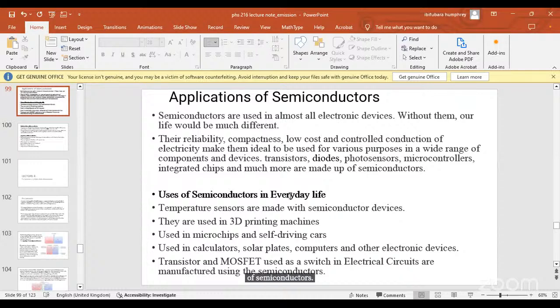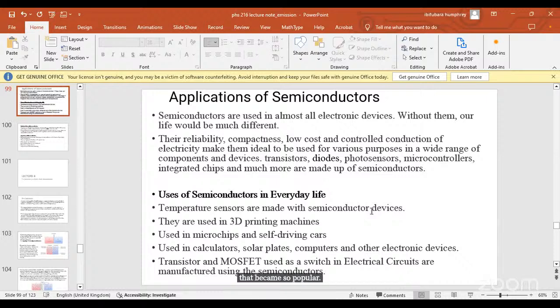Uses of semiconductors in everyday life. Temperature sensors are made with semiconductors, like our infrared thermometer that was used during COVID, that became so popular.